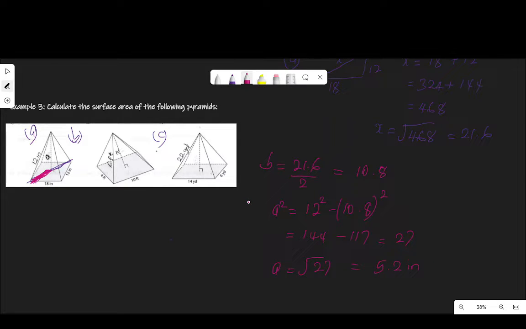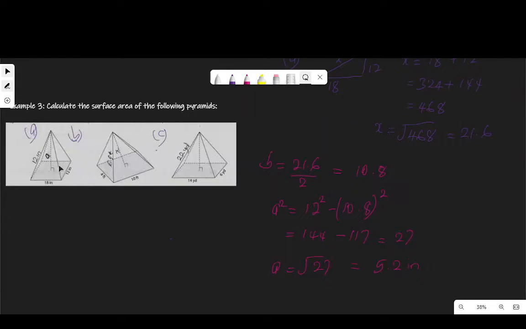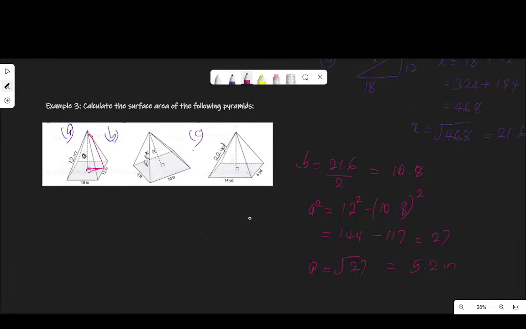Okay, now that we know the vertical height of the pyramid, we can calculate the height of the faces of the pyramid. Let me remove all these previous drawings so you can get a better explanation. To get the height of each triangular face, I'm going to draw a line here, and this line down here will give us the height of the left and right triangle.